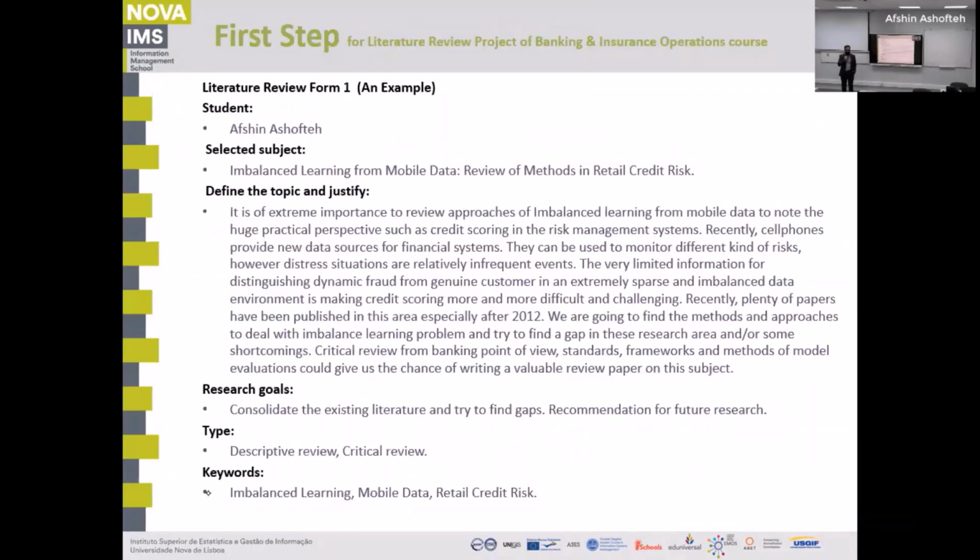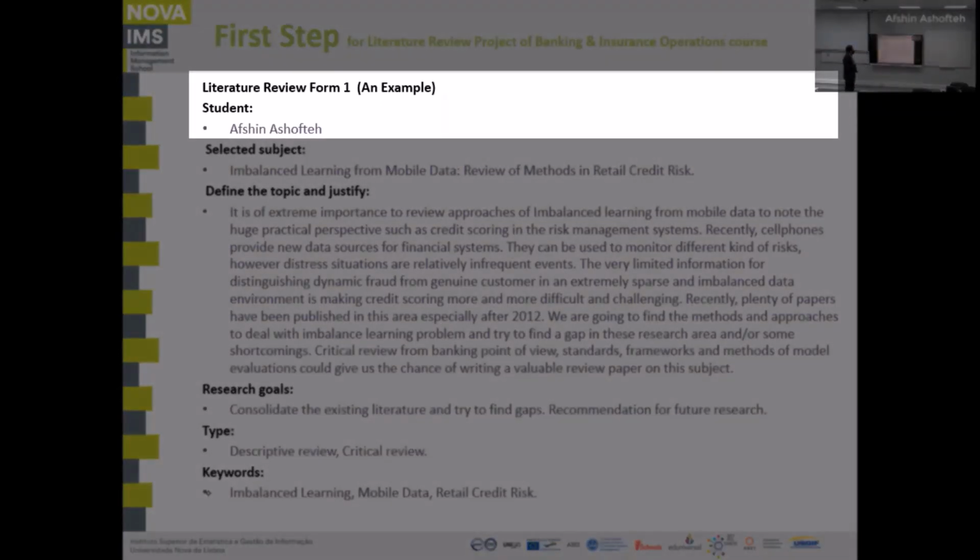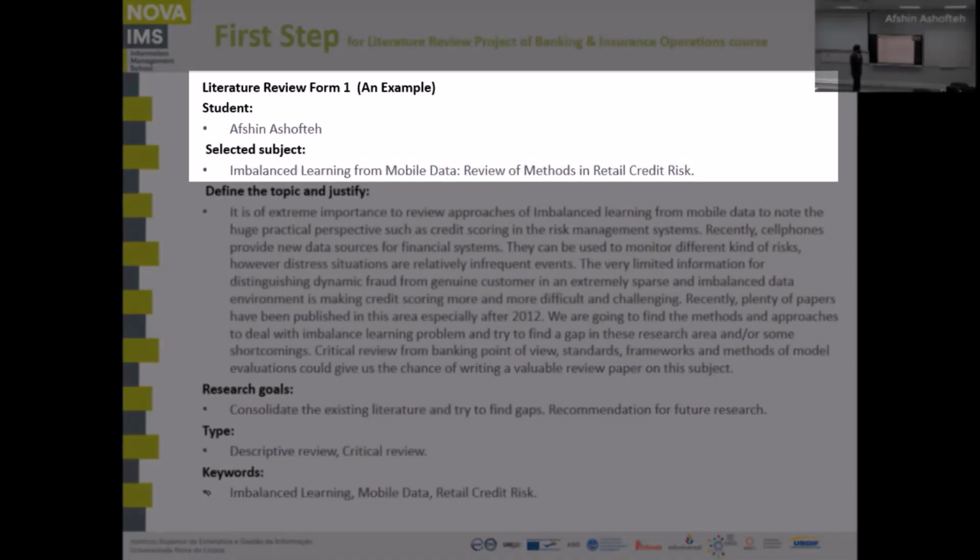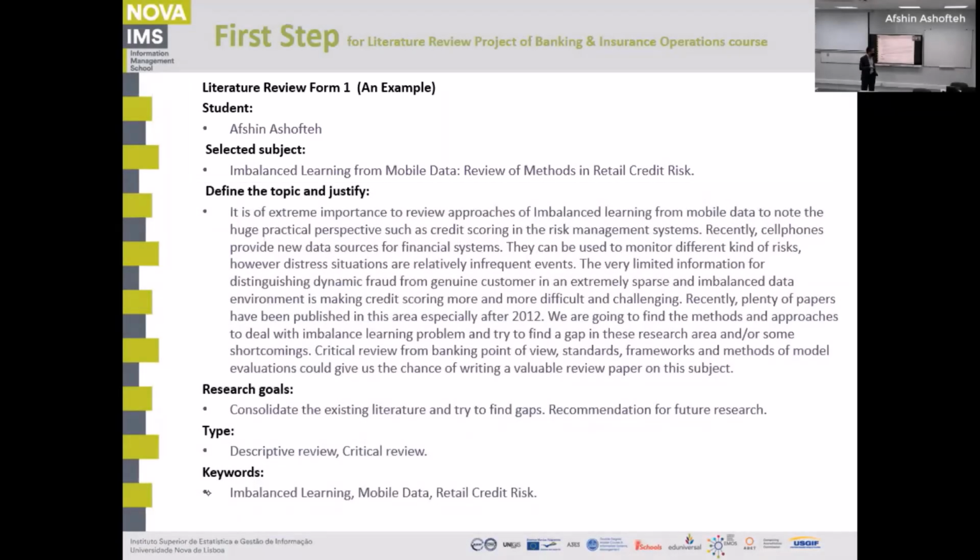Let's see an example. Here, for example, I'm a student, so I put my name and then say that, okay, what is the subject? The subject is imbalanced learning from mobile data, review of methods in retail credit risk. So what are the keywords that I use here? Can you tell me what are the keywords that I put in my title?